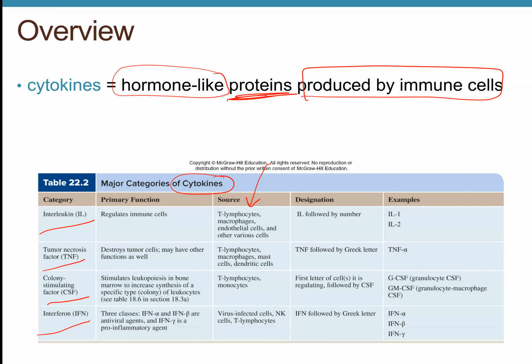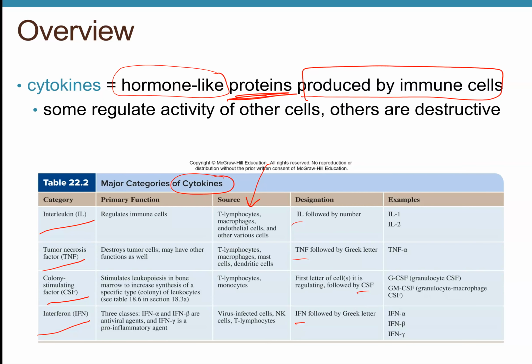And you'll see some of these abbreviations, IL, TNF, CSF, and IFN, as we move through some of the upcoming sections. Some of these are going to be involved with regulating other cells and the activity of other cells, and others are going to be really destructive, like you see here.